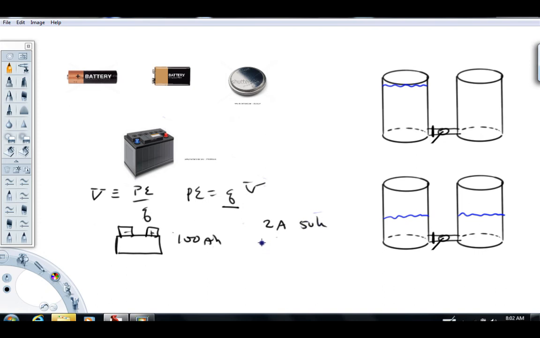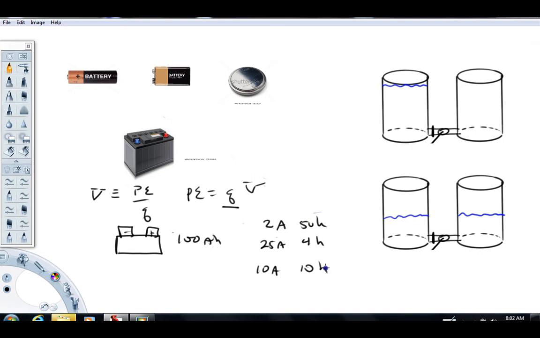Or if I had an electrical draw of 25 amps, it would run for around 4 hours, or maybe a little less. I'll talk about why here in a minute. Or maybe 10 amps for 10 hours and so forth. So the amp hour rating gives you some idea of how long the battery will last under a given load.